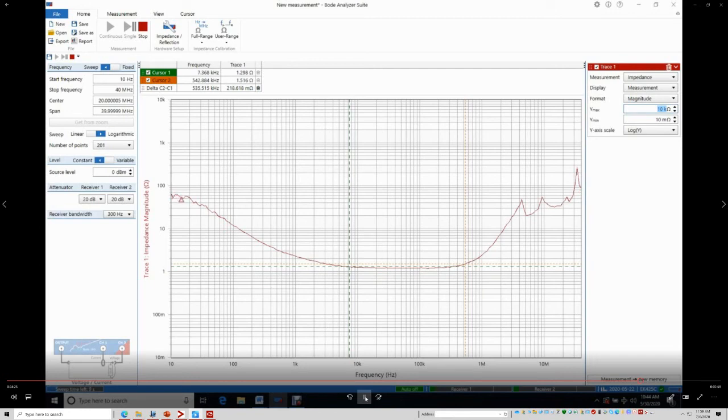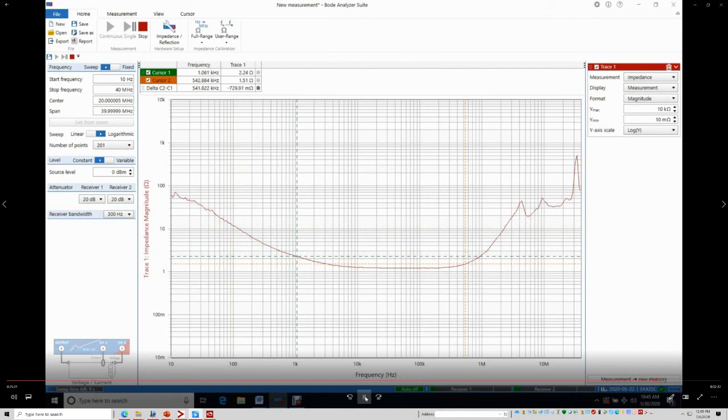If we look at about 10 hertz, we see that the impedance is 20, 30, 40, 50, about 60 ohms. Then at 100 hertz it drops to just above 10. We can put a cursor here close by, 12.12 ohms.